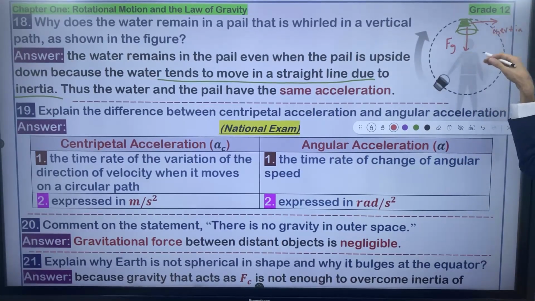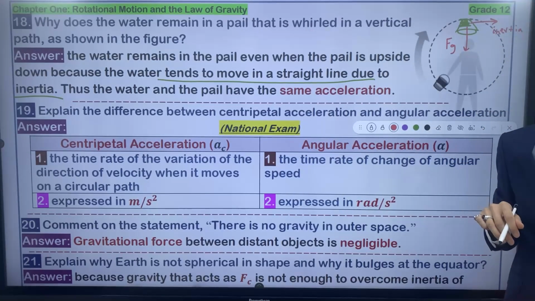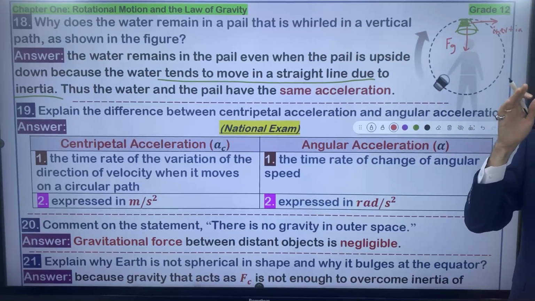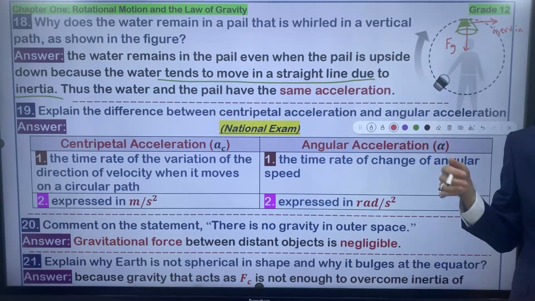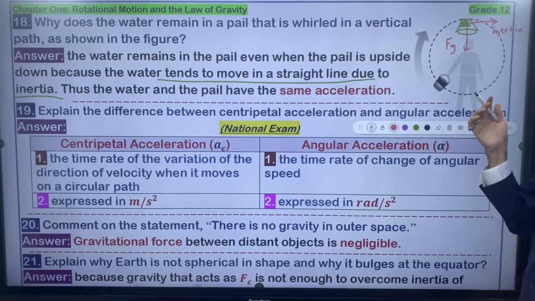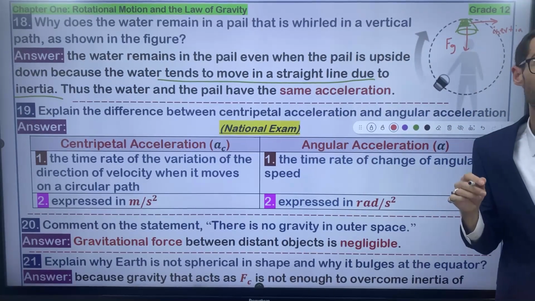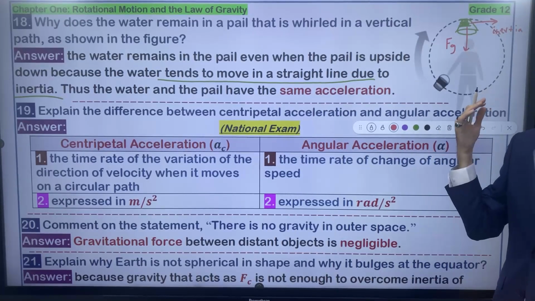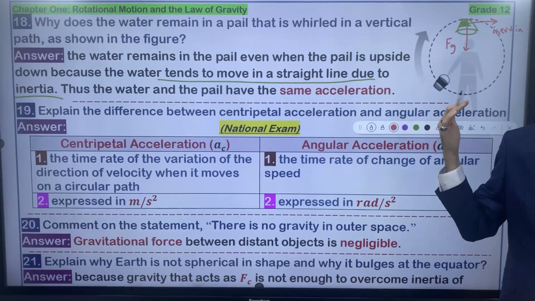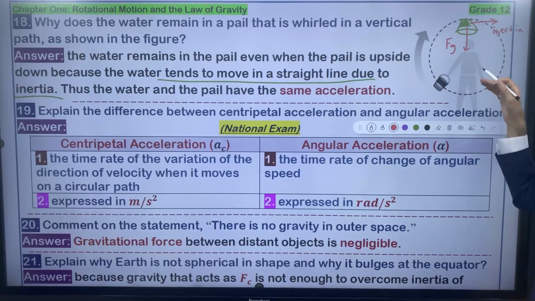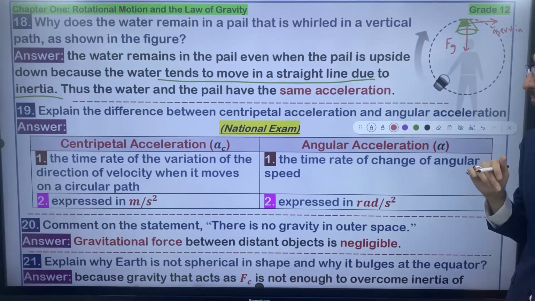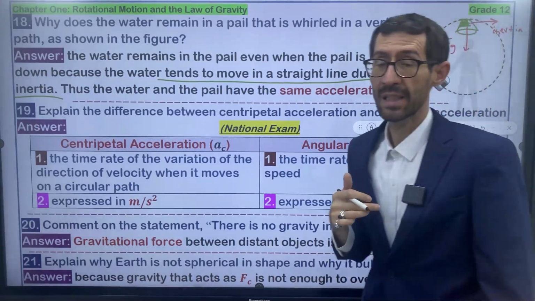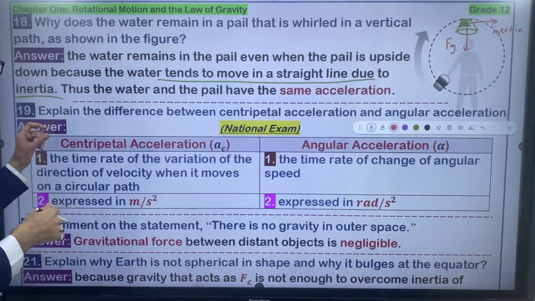By means of these actions, pail and water together have the same acceleration. Pail and water are in free fall. They have the same acceleration due to gravity. That's why it doesn't pour. This is the explanation and interpretation of this question.